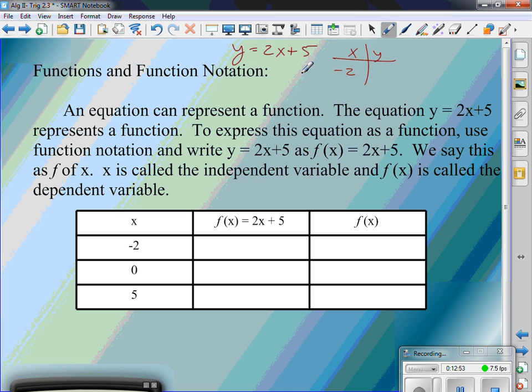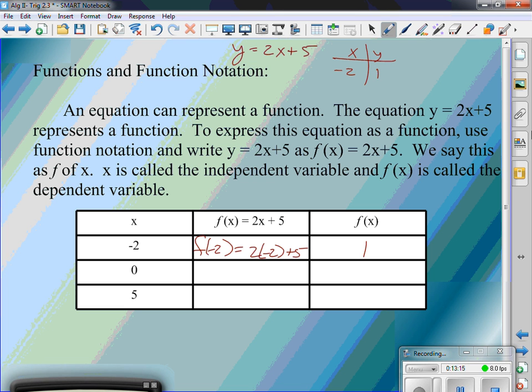That's what you're doing, and you're going to get 1. That's all you're doing for f of x. You're saying f of negative 2. The function of negative 2 is 2 times negative 2 plus 5, which is 1. You're doing the exact same thing.